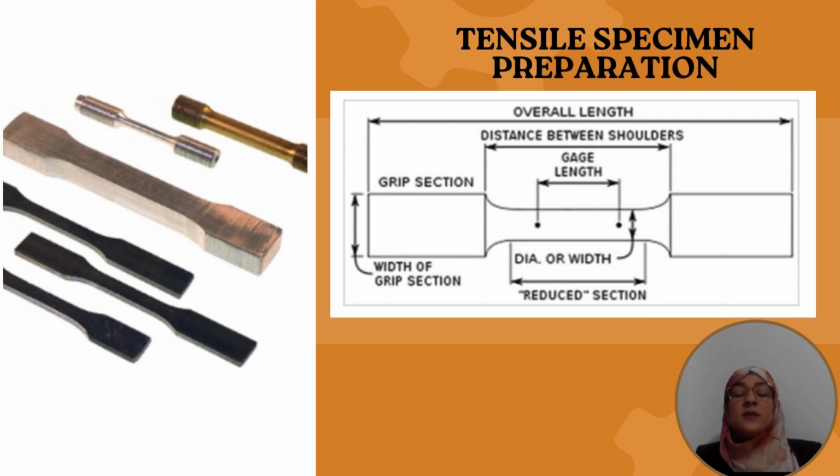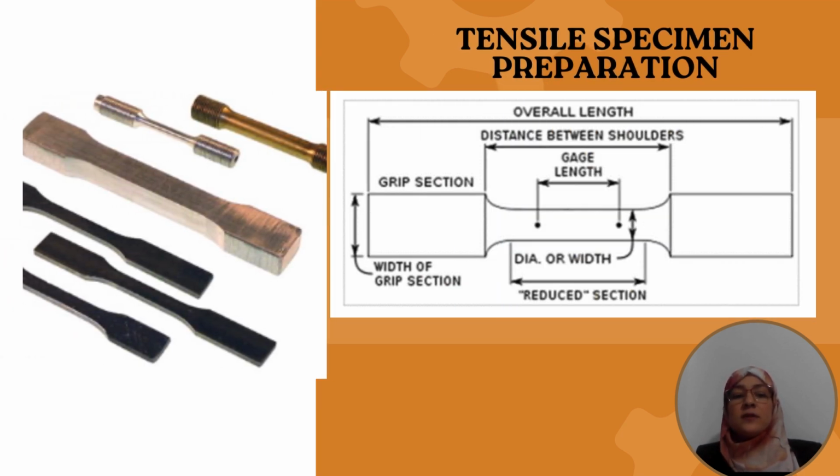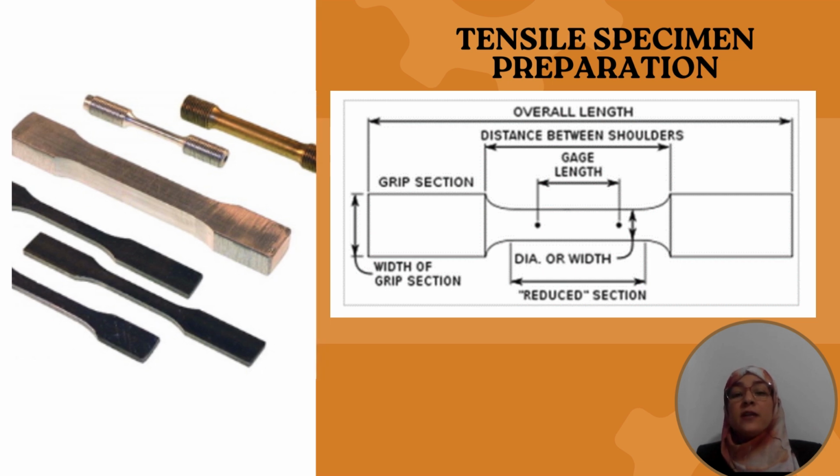Let's see the tensile specimen preparation. Tensile test specimens are prepared in a variety of ways depending on the specifications and the norm used. Most specimens use either a square or a round standard cross section with two shoulders and a reduced section, the gauge length, in between.